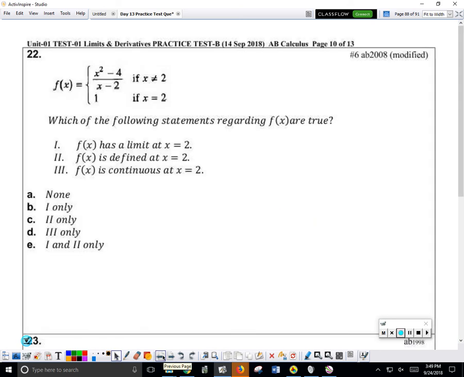Here we go. They're asking, for this function, does the function have a limit at x equal 2?